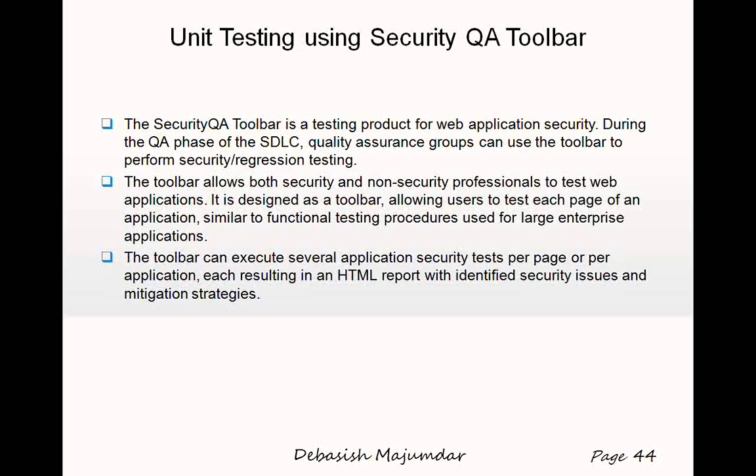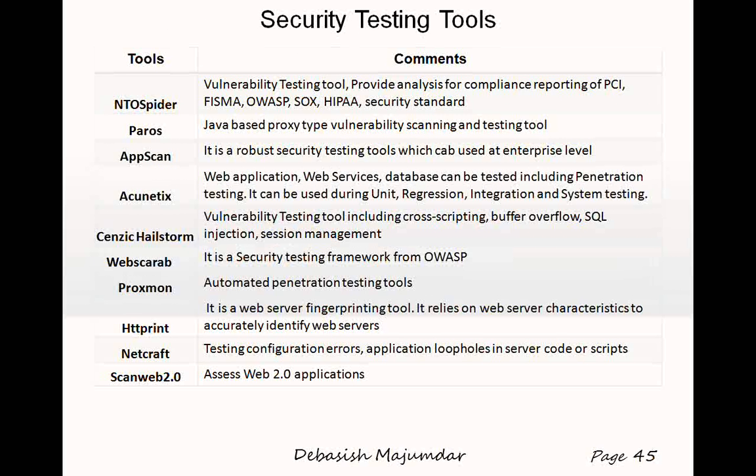So now I'll talk about the different security testing tools which are widely used in the industry, with some comments regarding their functionalities. NTO Spider is a vulnerability testing tool and provides analysis for compliance reports for PCI.